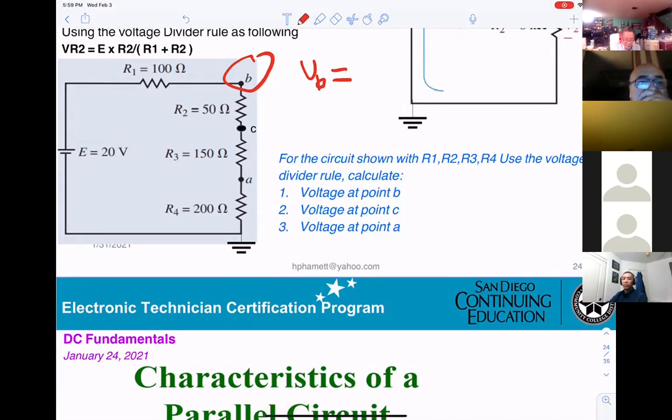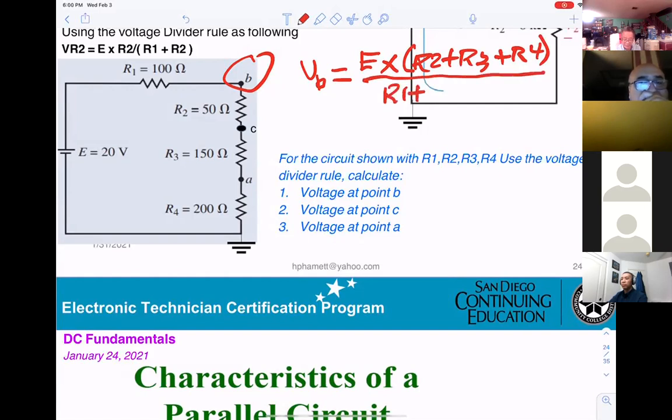Okay, so VB will be E times what? R2, R3, R4. Perfect. Everything divided by everything, yeah. Right.